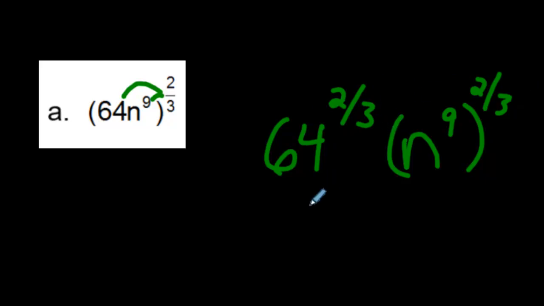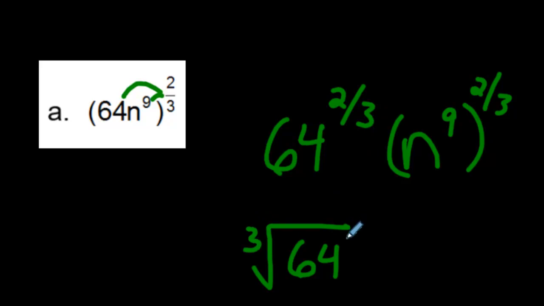Okay, so dealing with this one, it would become, and you know how to do this already, put the 64 inside the radical sign, the 3 slips out in front, the 2 goes right here, and then over here we have 9, an exponent of 9, and we have an exponent of 2/3.